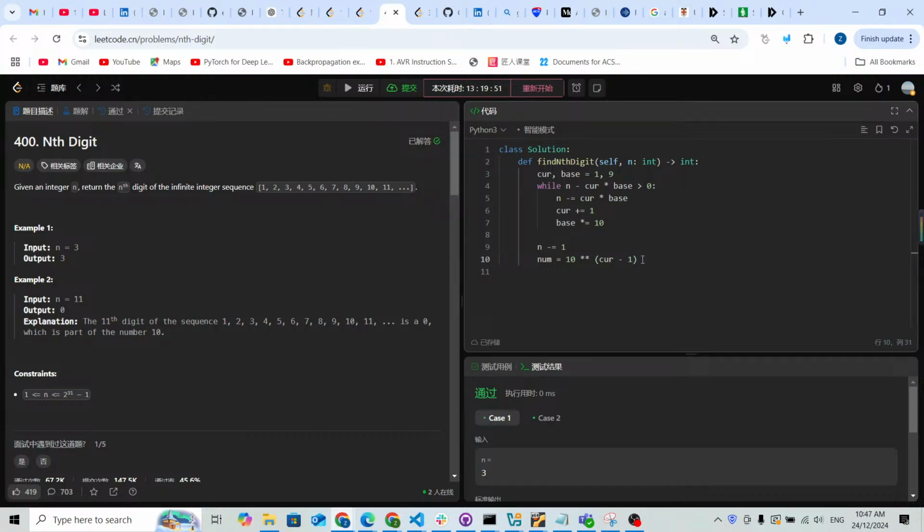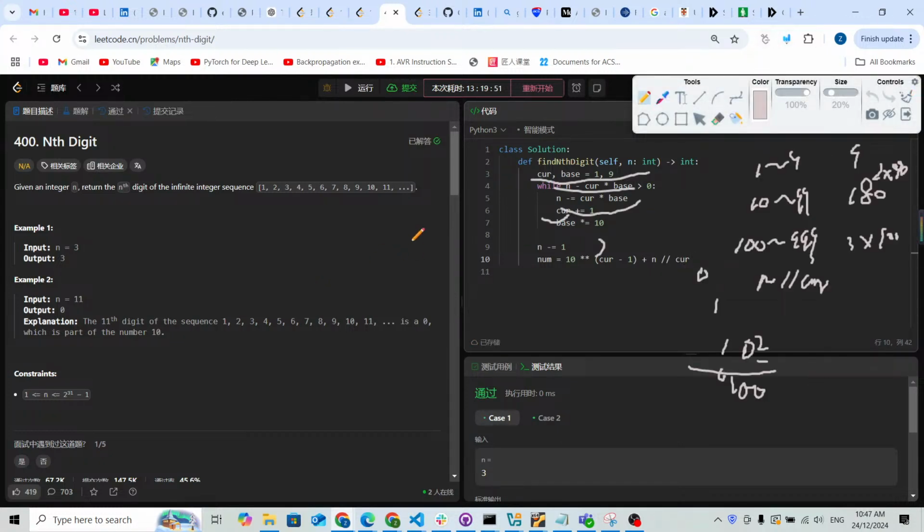And then we're going to add n divided by the current. For my example, although I cannot find it, you can check the previous recordings. For example, it is 100, and we are checking 191. So finally, n is going to become 2, and 2 minus 1 is going to become 1.